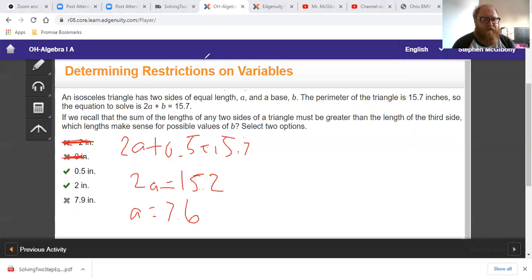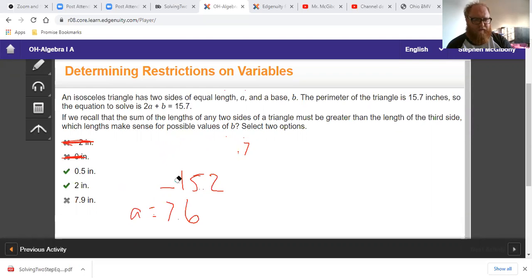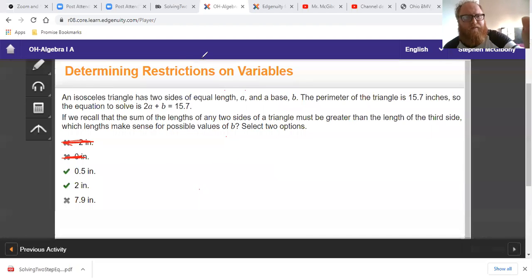So if we add those, the length of any two sides, yeah, that's going to work. 7.6 plus 0.5 is 8.1, and that's greater than the other two sides. So let's check the last one actually, because I think 2 is going to work. Let's see if the last one doesn't work, then we'll know that 2 is the right answer. So 2a plus 7.9.